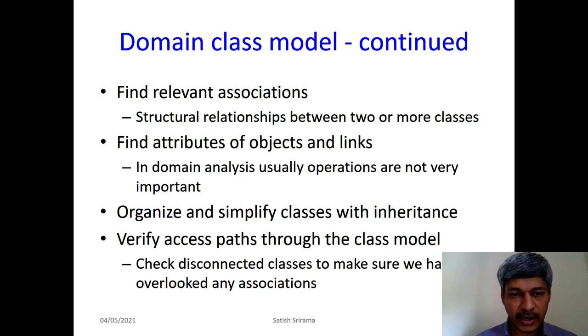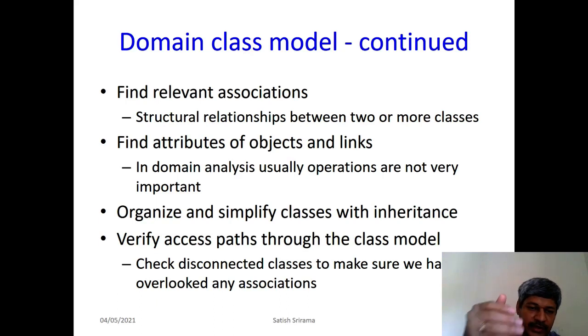We should be able to identify proper associations, their association names, and multiplicity. Once you have identified the associations, you then have to find the attributes of the objects, and of course also the links. You should be able to find all the attributes of all the classes.